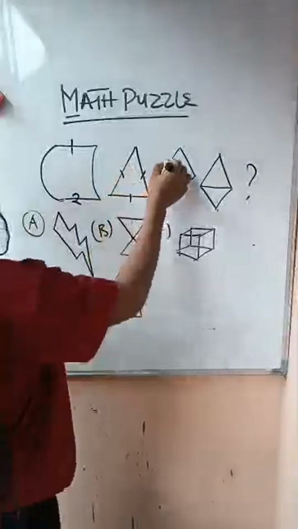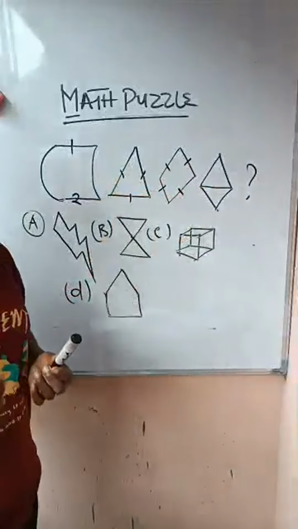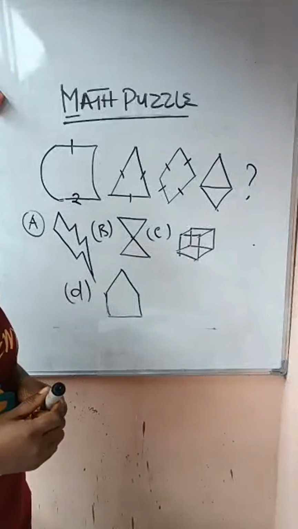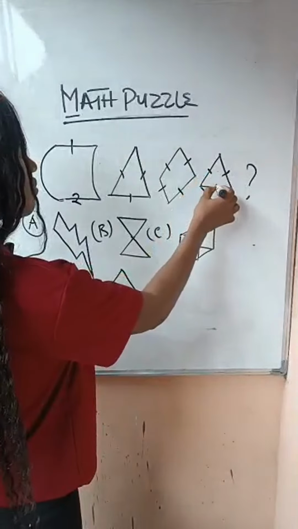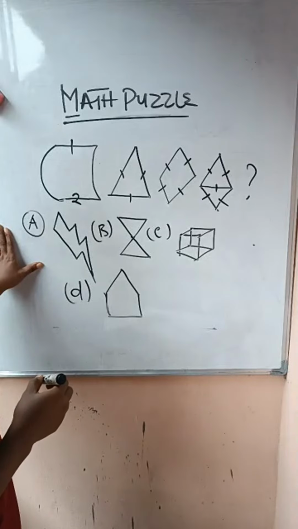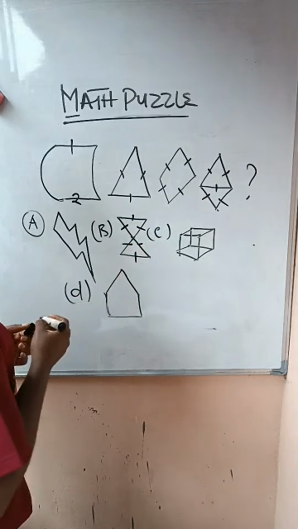Here we have 1, 2, 3, 4. You can see that the line increases by 1. So here we have 1, 2, 3, 4, 5. Now, if you come to this place, the answer is 1, 2, 3, 4, 5, 6.